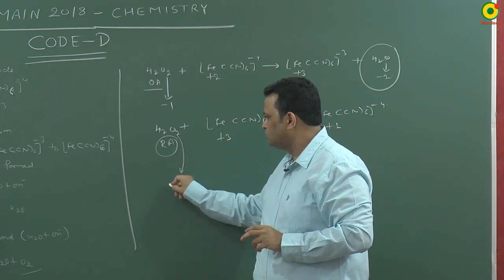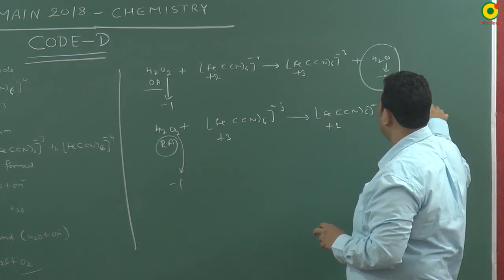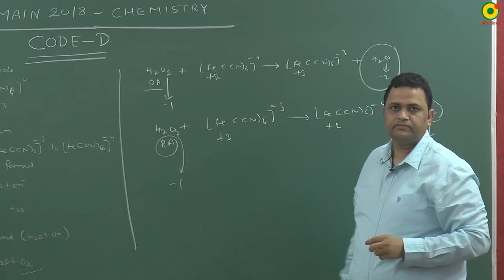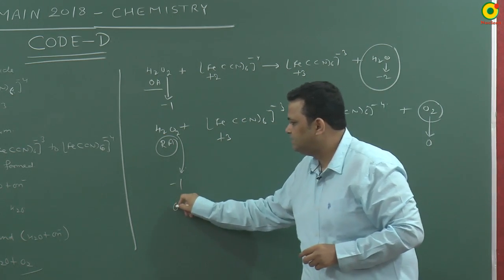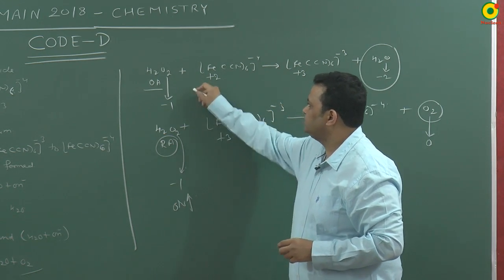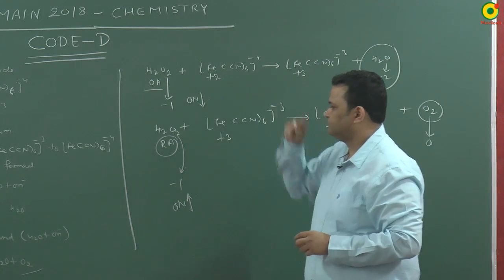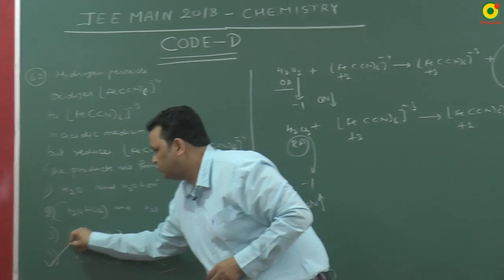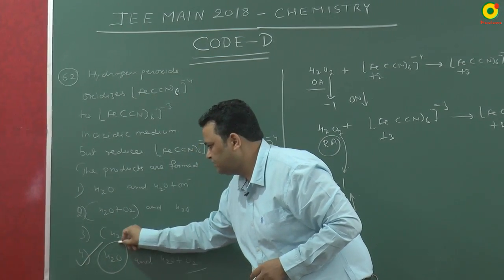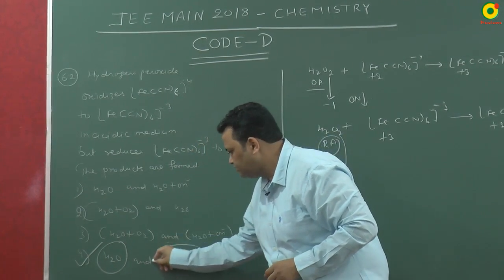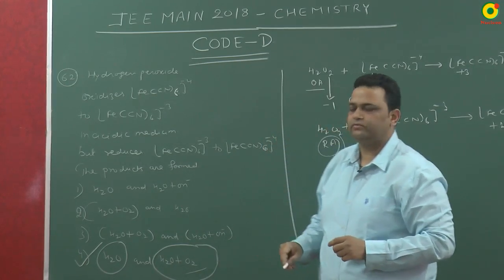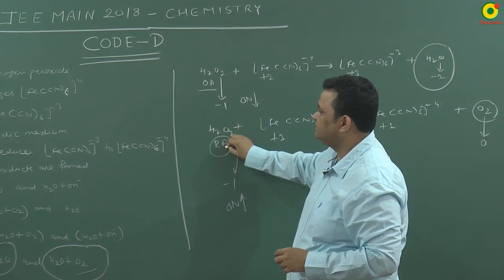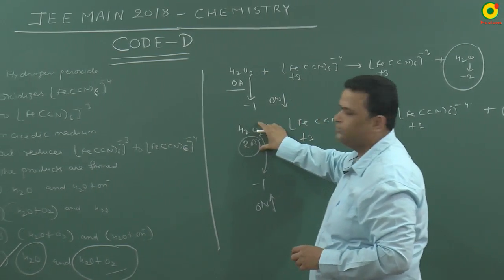When H2O2 is oxidized, it will produce O2, and in O2 the oxidation state is 0. So here the oxidation number is increasing, and there it is decreasing. So the correct option is 4. In the first option it gives H2O, and in the second option it gives H2O plus O2. In the first it acts as an oxidizing agent, in the second as a reducing agent.